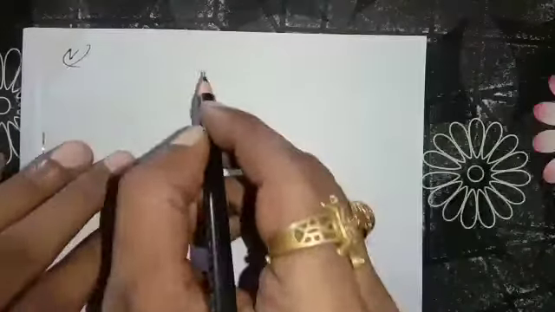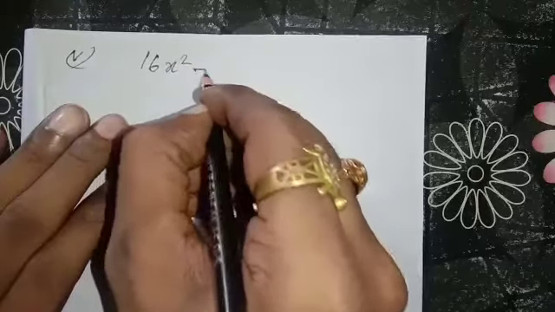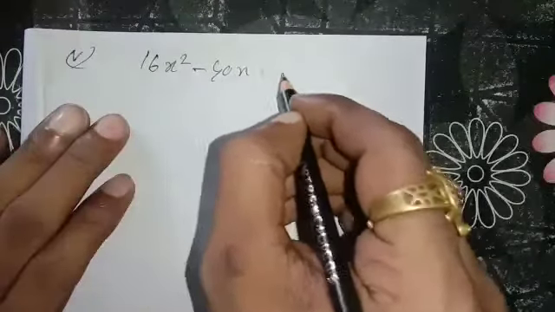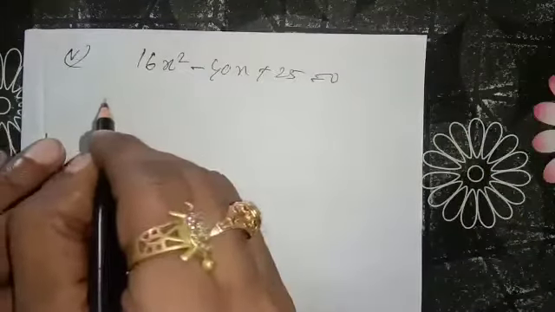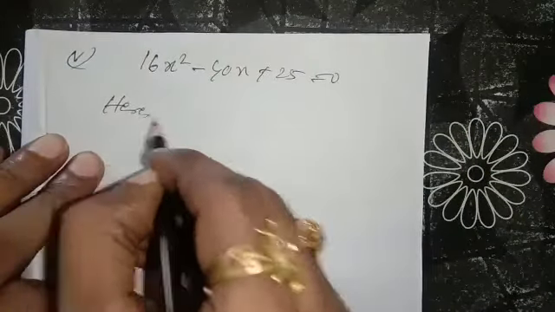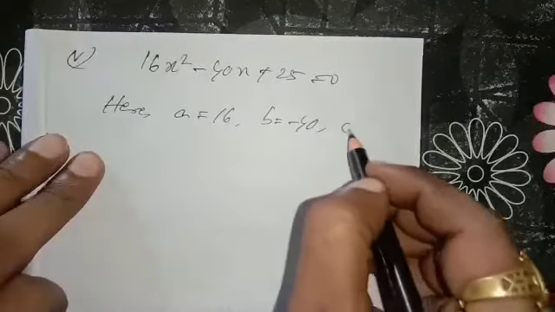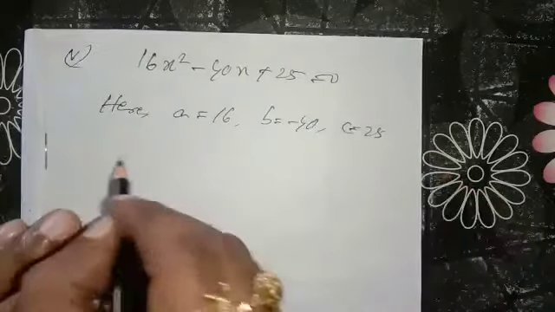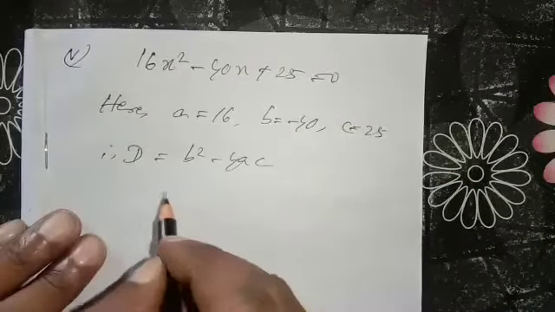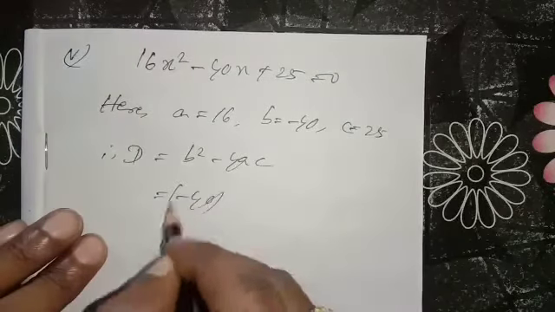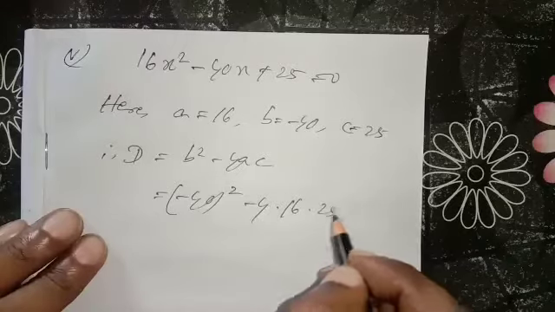See, fifth part question given 16x square minus 40x plus 25 equal to 0. So here A equal to how much? 16, B is equal to minus 40, C is equal to 25. After that you have to find out discriminant, that is B square minus 4AC. B means here minus 40 whole square minus 4, A means 16, C means here 25.